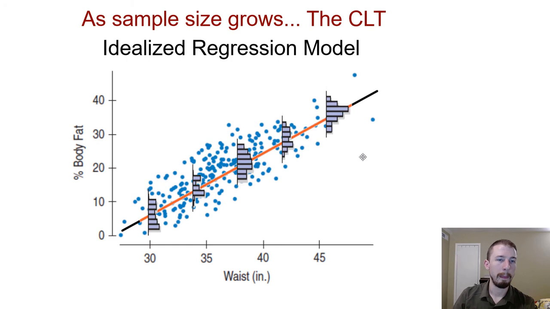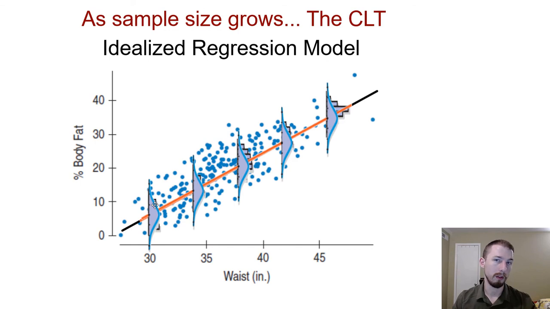Hopefully you can follow. So another thing that we have is, as the sample size grows, the central limit theorem will actually kick in. So these are just snapshots of small samples of all the men that have size 30 waist. As we increase our sample size, what's nice is that it's actually going to turn into a bunch of bell curves. And so ideally speaking, they would all be centered.